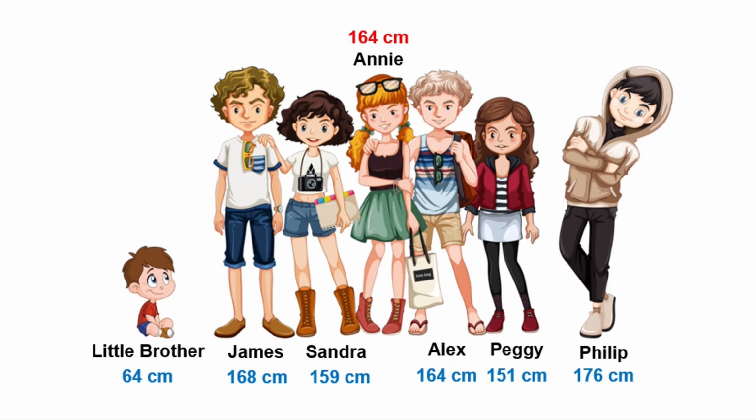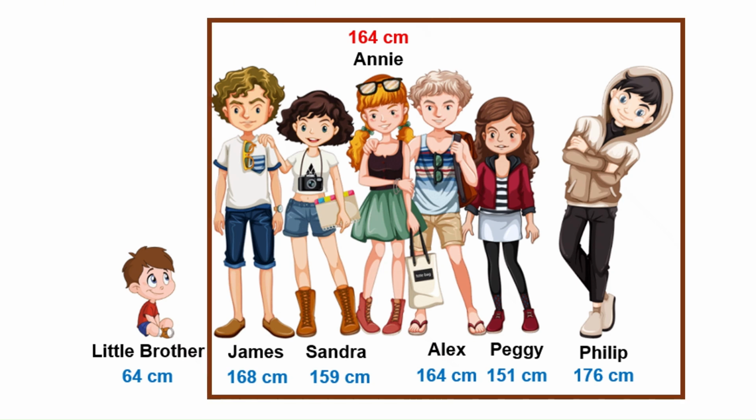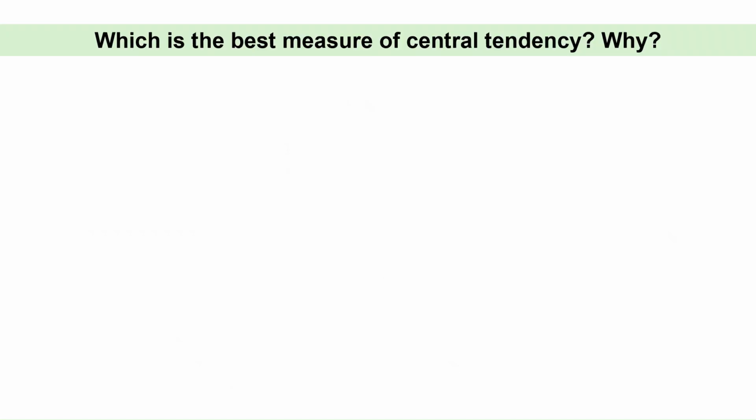When we wanted to compare Annie's height with that of her 5 friends, we can use mean, median, or mode to do so. But if we add little brother's height to the dataset, we may only want to use median or mode, since little brother's height is an outlier, which significantly impacts the value of the mean.